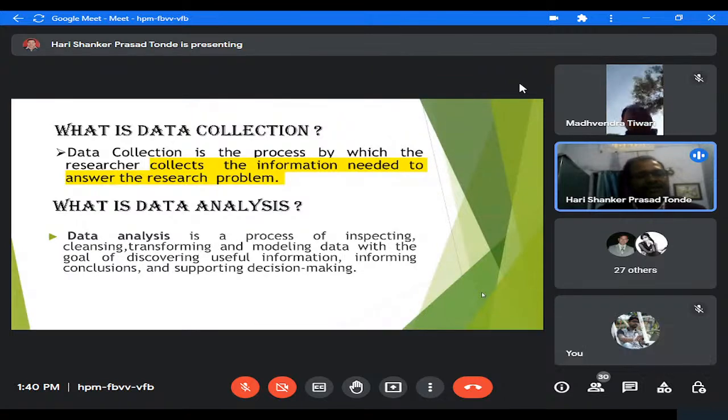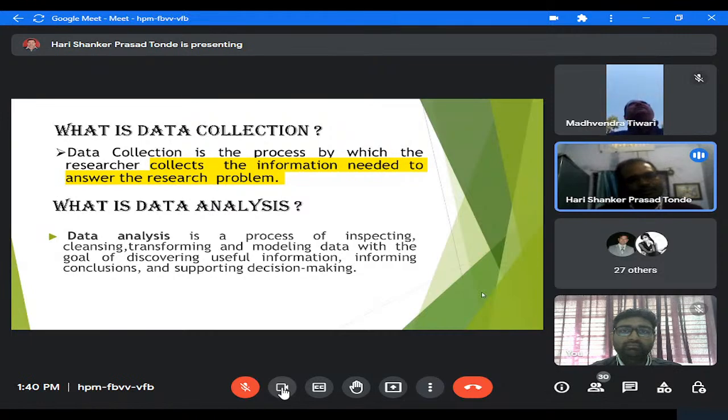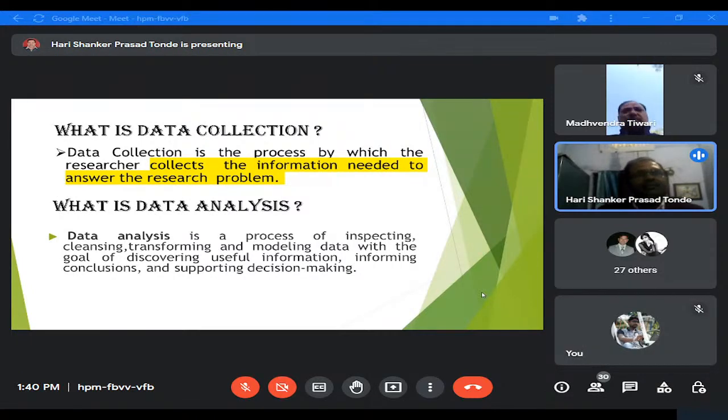And what is data analysis? After collecting the data, we have to analyze the data. Analyzing the data means we have to visualize it in the form of some graphs. We have to visualize the group of samples that is coming. So data analysis is nothing but a process of inspecting, cleansing, means we have to filter the data which is not of our use. We have to drop that, and what is actually of our use we have to use.